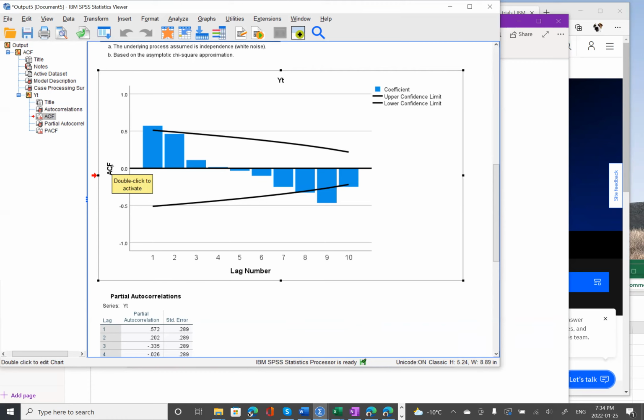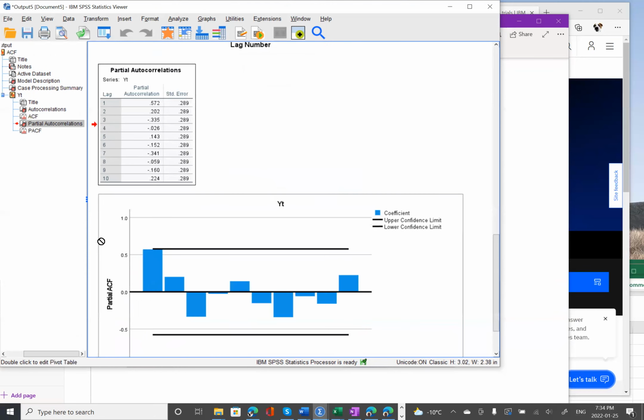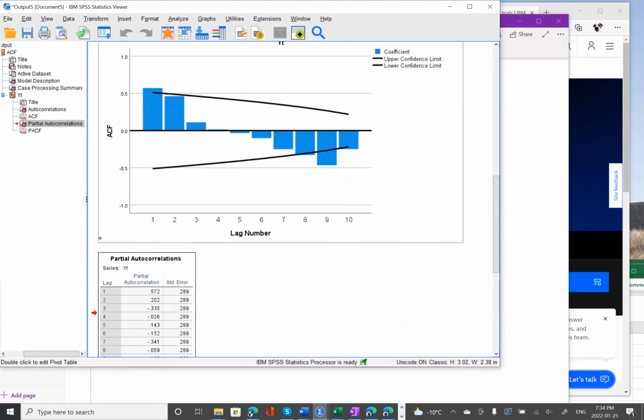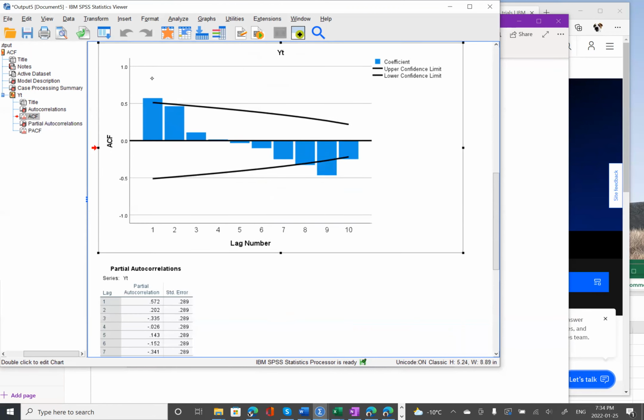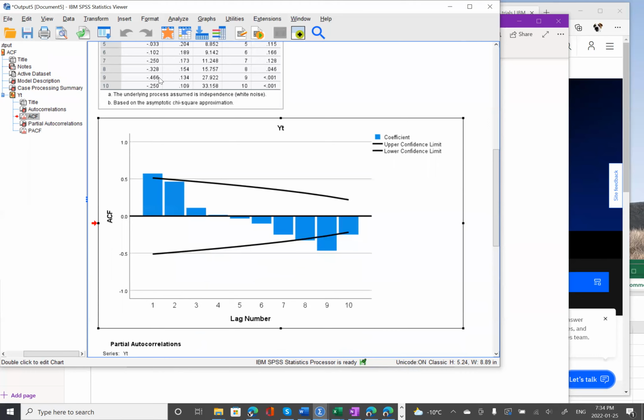This function tells us this is the lag time. We produce this graph. In this graph, you can see R1 is equal to 0.572, and it becomes smaller, and then it becomes negative.